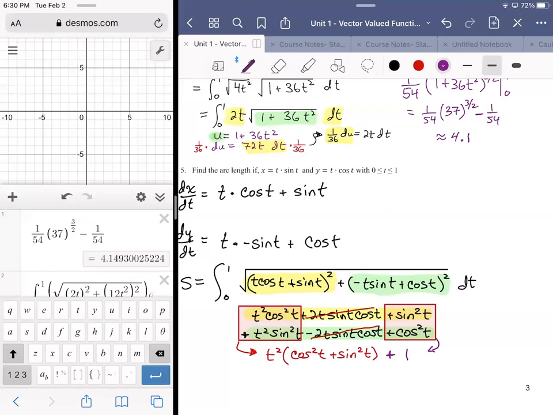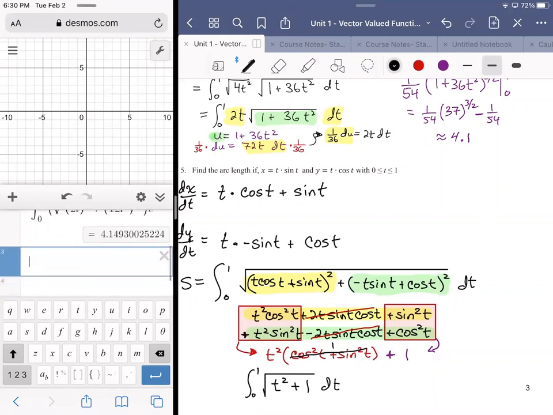So it actually cleans up really, really nicely, because this is just going to be t squared plus 1 under the radical, because cosine squared t plus sine squared t is equal to 1. You want to put the little strike through, a little 1 there, you can. So we're actually integrating a much simpler expression over the interval of 0 to 1.